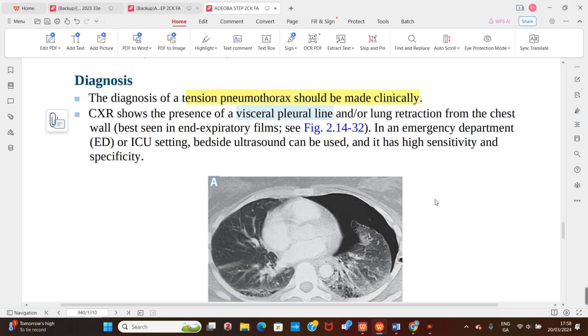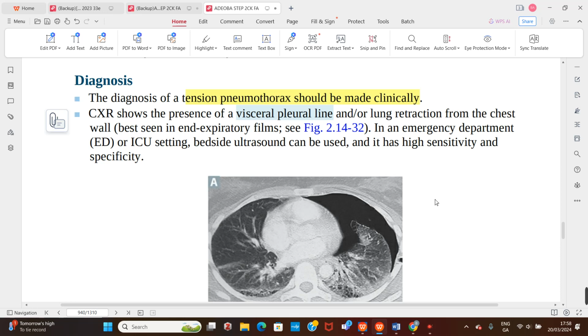By the time we start examining, we see that the chest that is having that pneumothorax is not going to be expanding as the other one. By the time we start our percussion, we are going to notice hyperresonant notes there. By the time we touch the trachea, we notice that the trachea is deviated away from the side of the pneumothorax, because the side of the pneumothorax is going to be pushing the trachea to the other side.